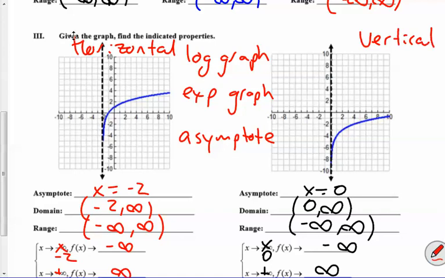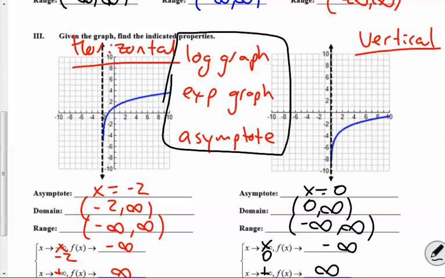The asymptote didn't move, but you can see the graph went down. You should be able to recognize the graph went down. Now, you might not be able to figure out exactly where it is, but you can tell what kind of shift it was. So keep that in mind when we ask you to start comparing graphs of exponential functions and log functions.